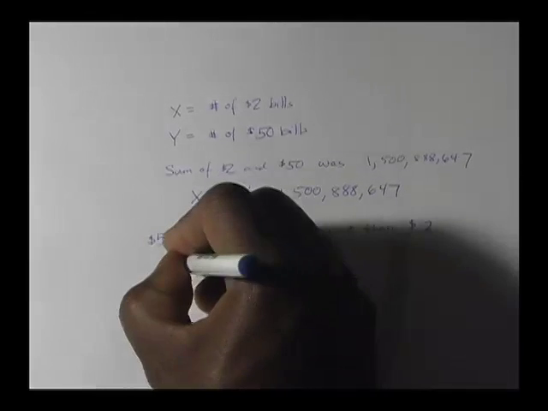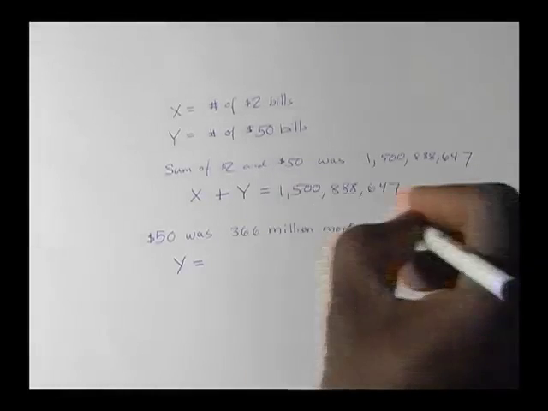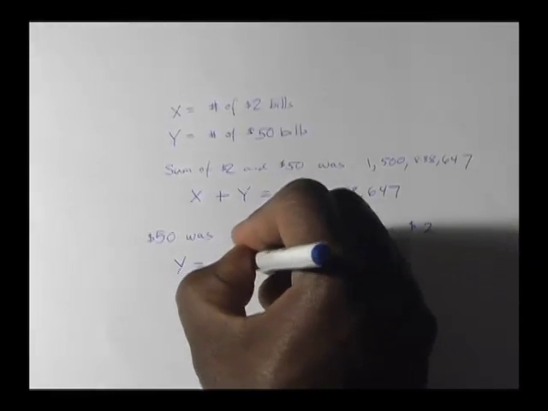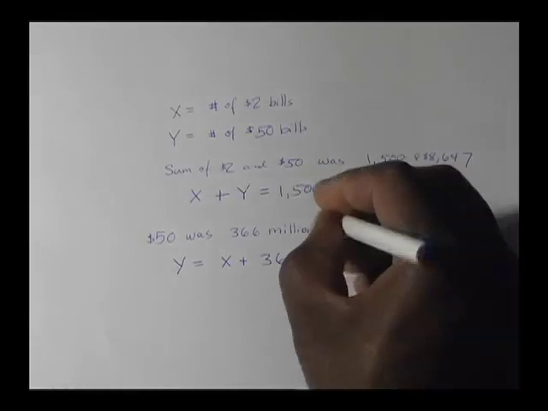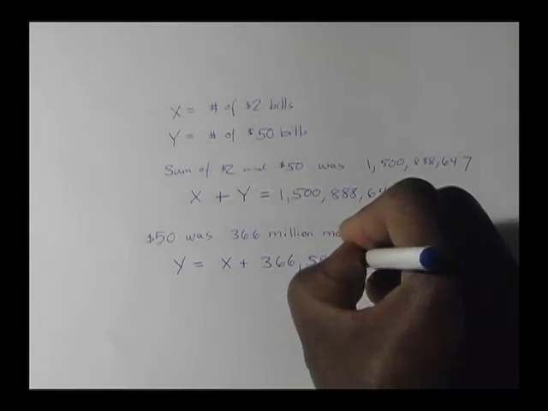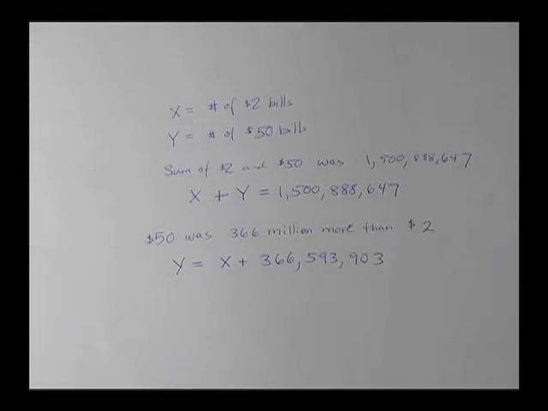All right, so Y equals X plus 366,593,903. So there we have our two equations: X plus Y equals 1,500,888,647, and Y equals X plus 366,593,903.